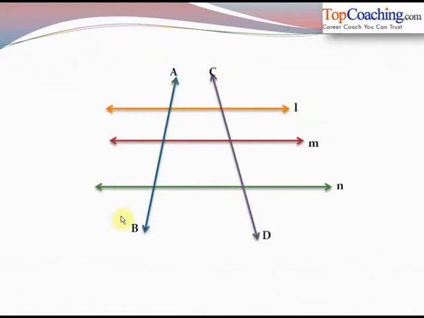So AB and CD intersect all these three parallel lines. Let us say that these transversals intersect these lines at the points P, Q, R, E, F and G. So P, Q, R and E, F, G are the points of intersection of these two transversals with these three parallel lines.